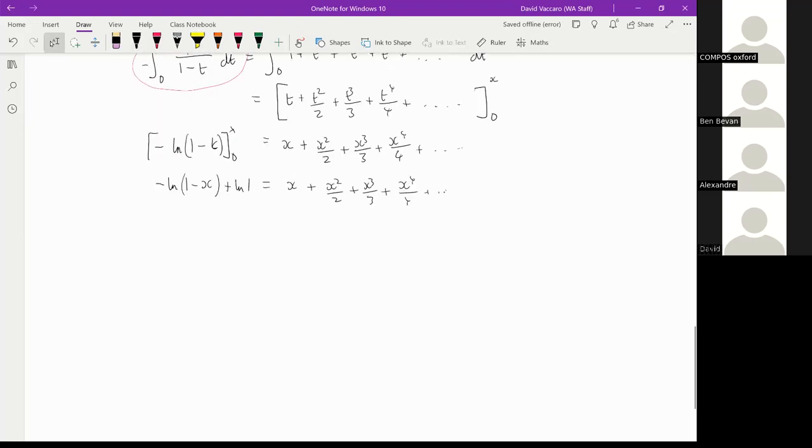And if I now rearrange, I get ln(1 minus x) is minus x minus x squared over 2 minus x cubed over 3 minus x to the 4 over 4 minus dot, dot, dot.